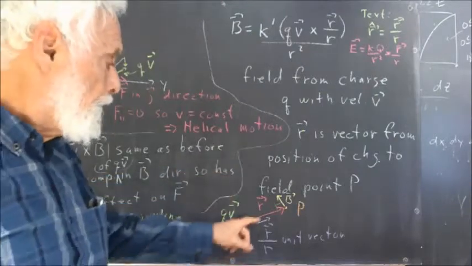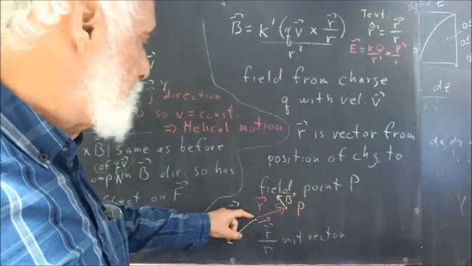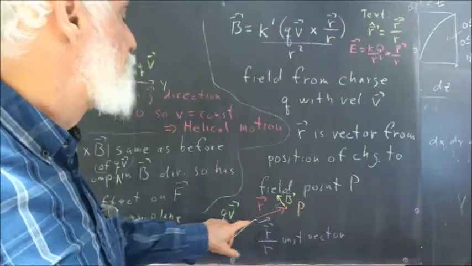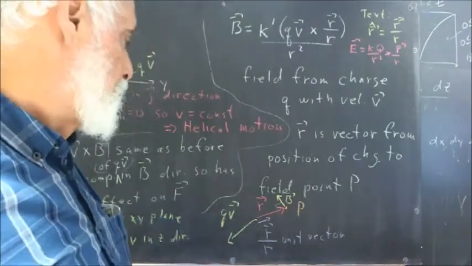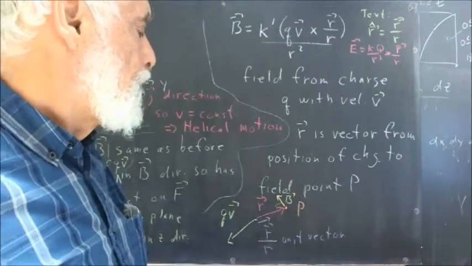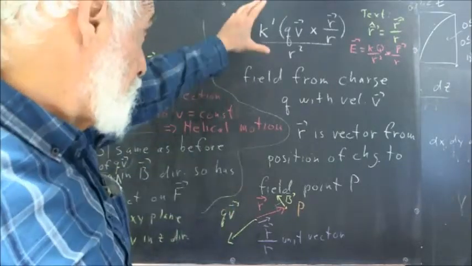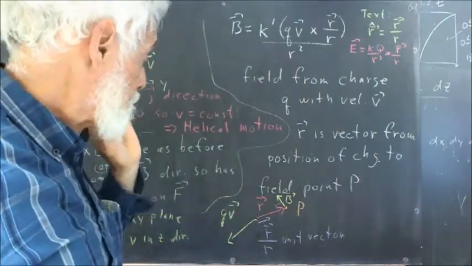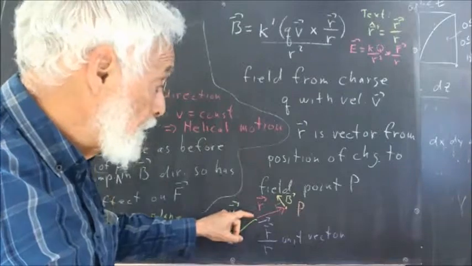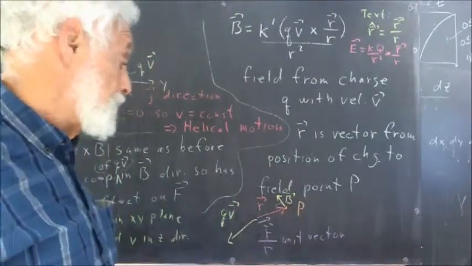Anyhow, this represents a vector. R represents a vector from the position of the charge to the position at which we want to calculate the field. We did define the R vector up here, but here it is. It's the vector from wherever the charge is to the point at which we want to calculate the magnetic field.